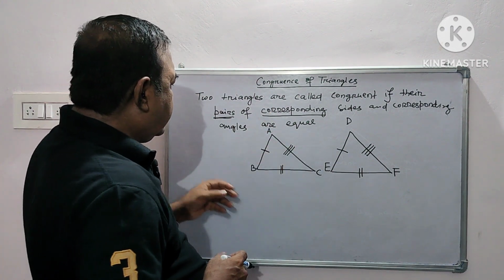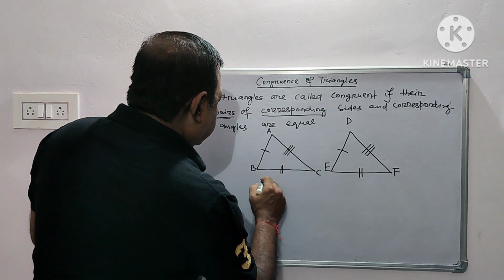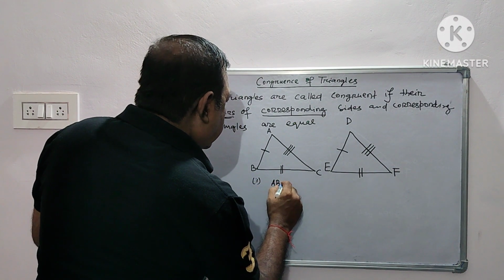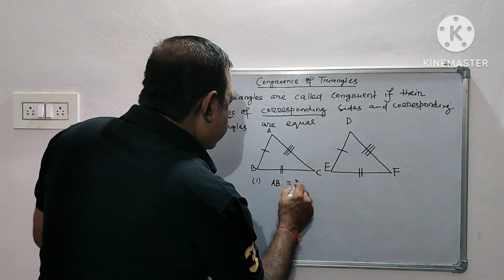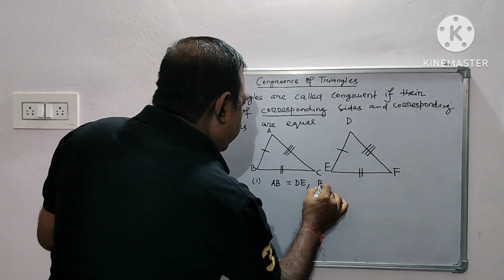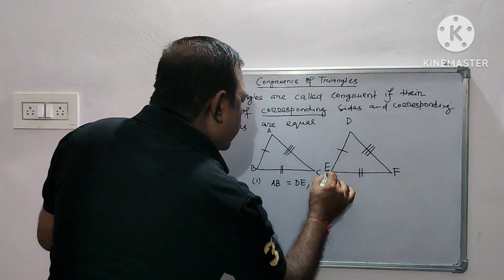And here you see AB is equal to DE. From B to C, BC is equal to EF.